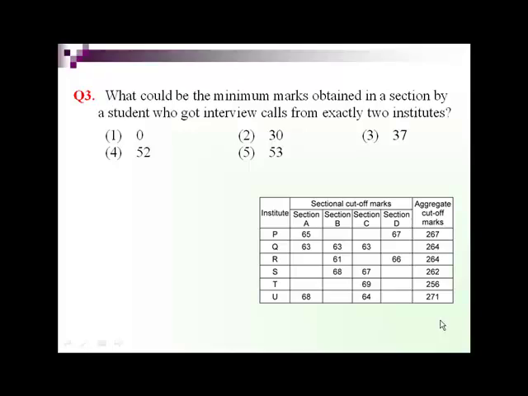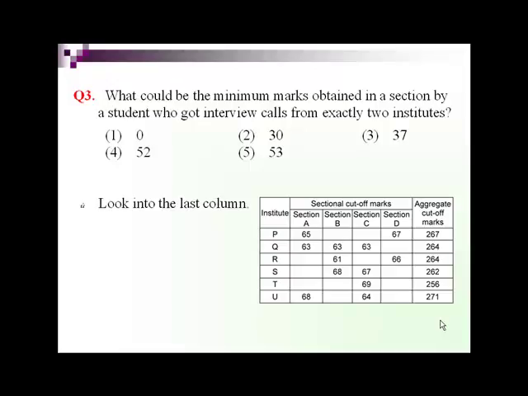Now the question is, what could be the minimum marks obtained in a section by a student who got interview calls from exactly 2 institutes? Now look at the last column. The last column gives the aggregate cutoff points for the different colleges. If a person is getting 250 marks in aggregate, none of the colleges will send him an interview call.